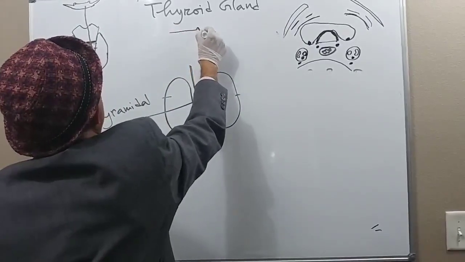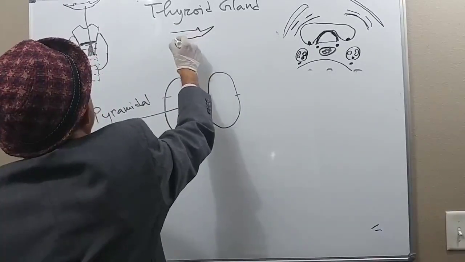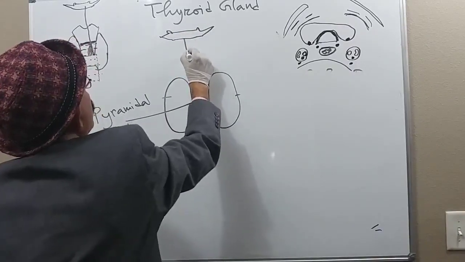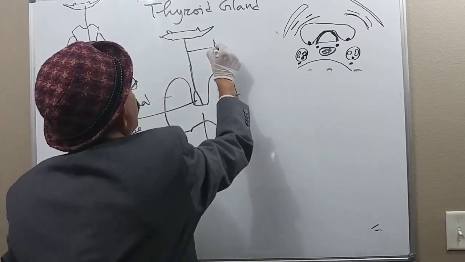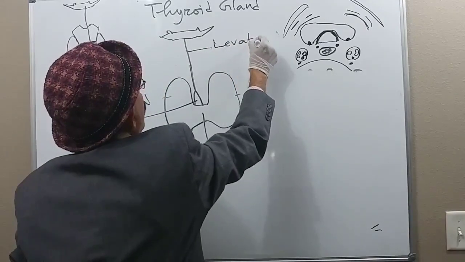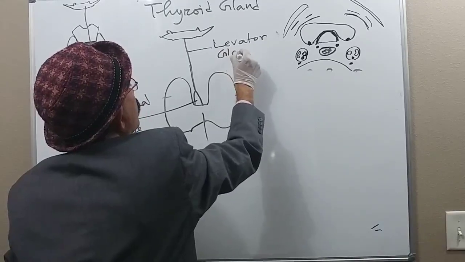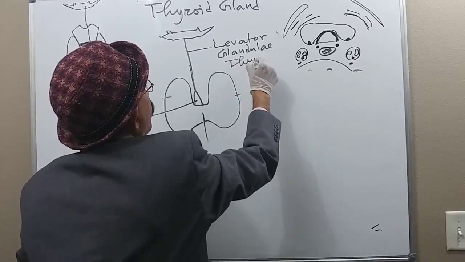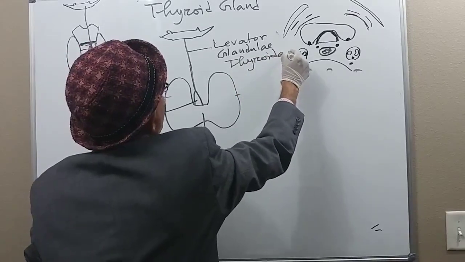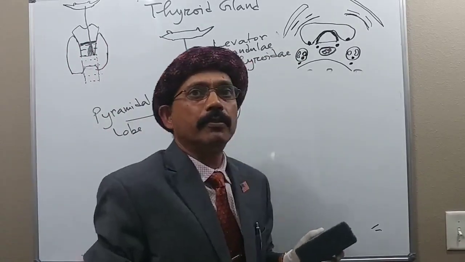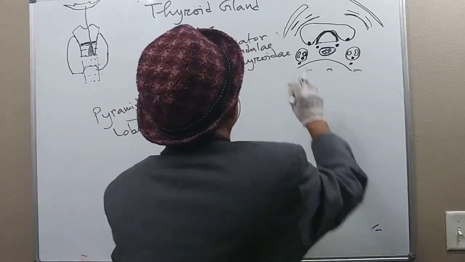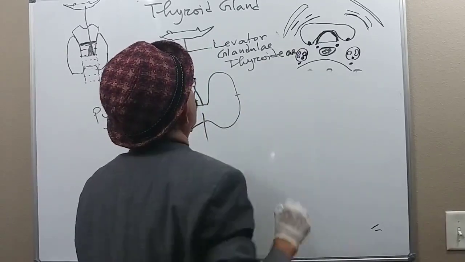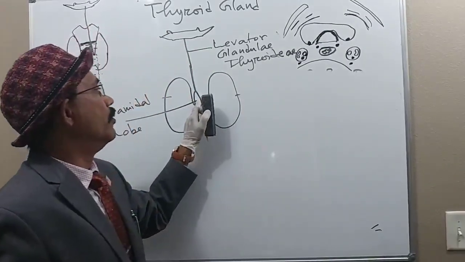Suppose this is the hyoid bone; this is called the levator glandulae thyroideae, and it connects to the pyramidal lobe.